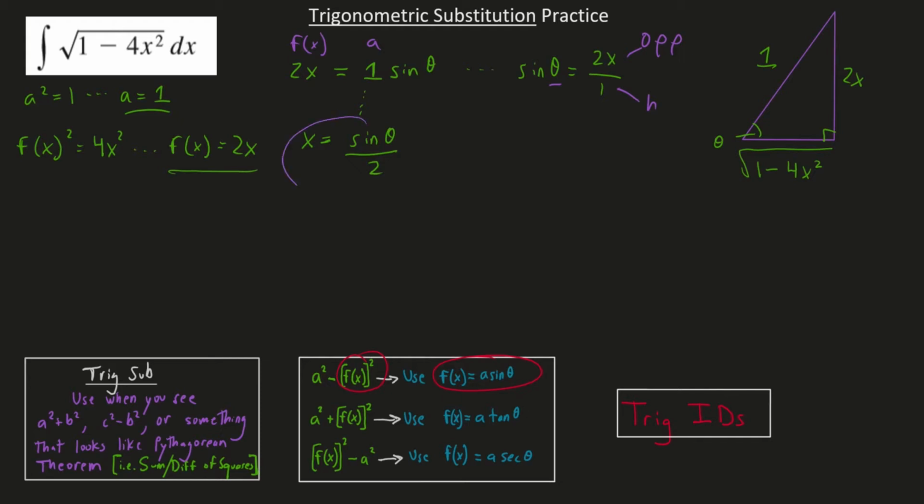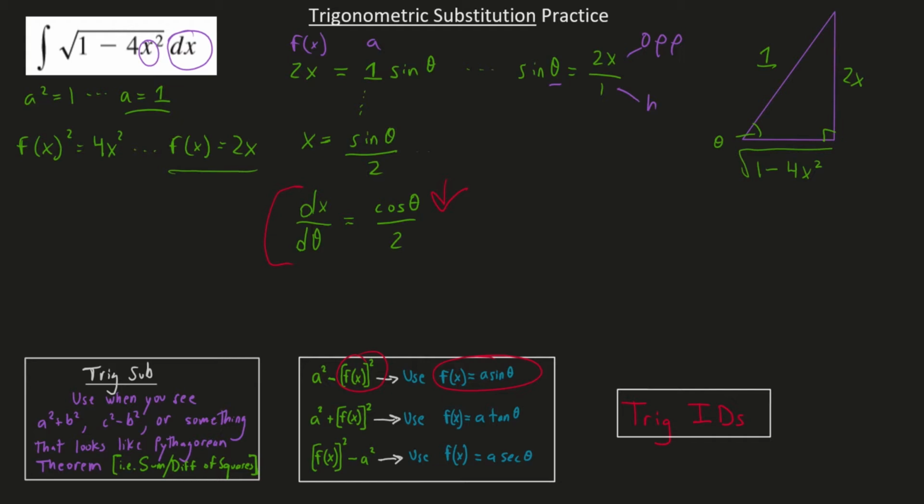So I get x by itself here, because I know I want to make some equation in terms of theta to plug in for x here. And of course I want to also get my dx out of here and put something in terms of theta in. So I have to take the derivative of this equation right here. That gets me cosine of theta over 2. Of course I want to multiply this equation on both sides by d theta, so it essentially moves over here.